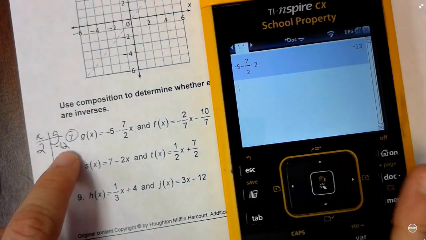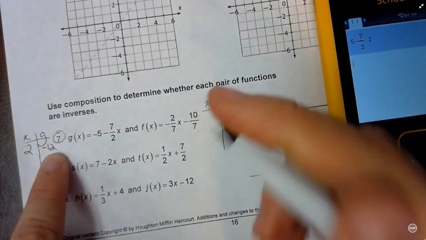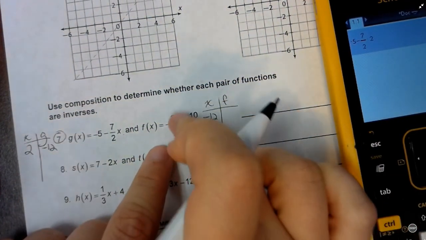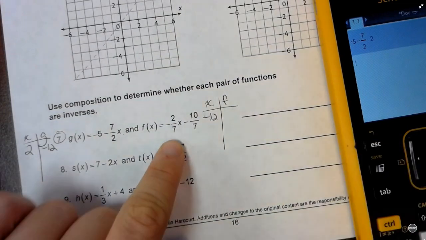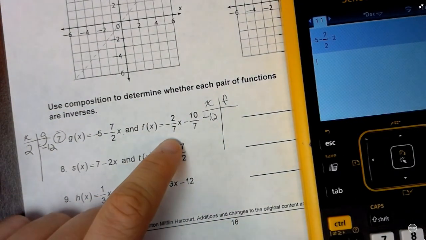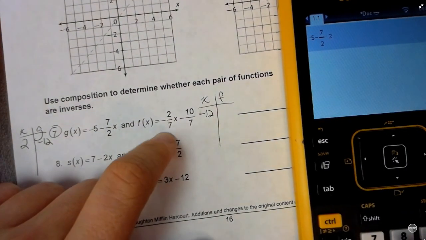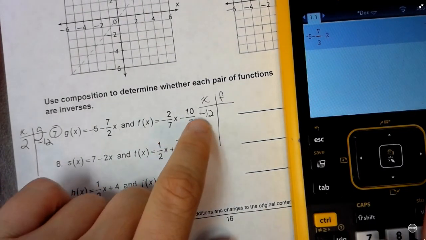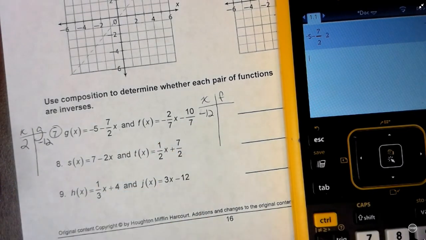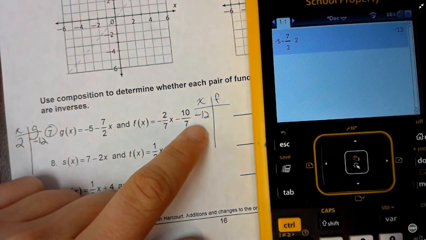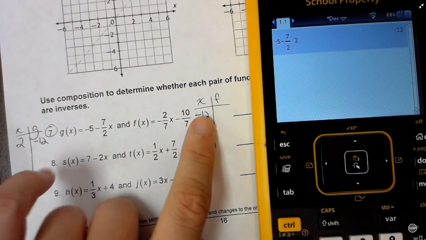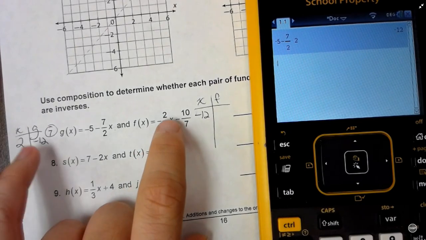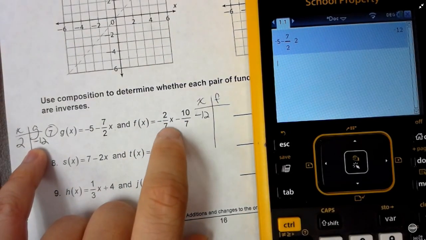So now I'm going to put negative 12 into this and see if I get 2 back. And if it happens both times, then I know I have an inverse. So now I'm going to take negative 12, which is the answer I got here, plug it into this equation, and see if I get 2.